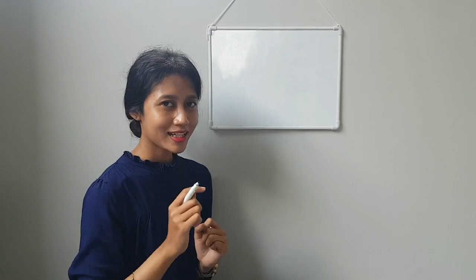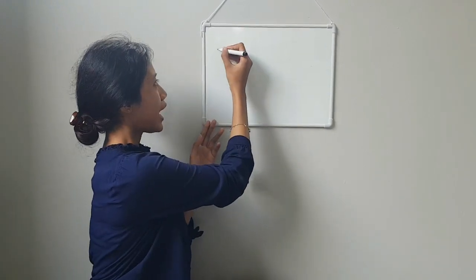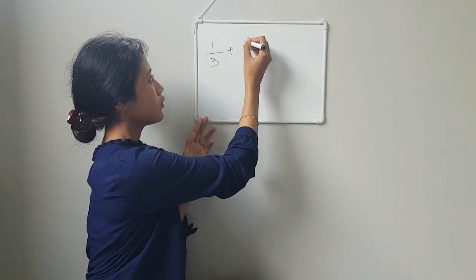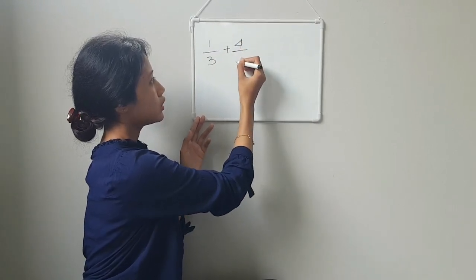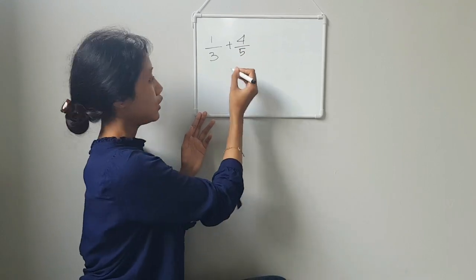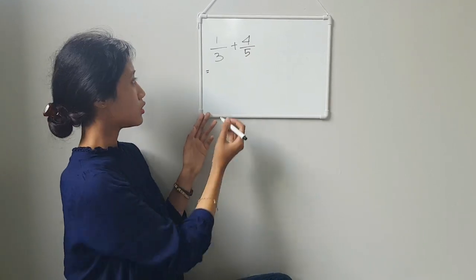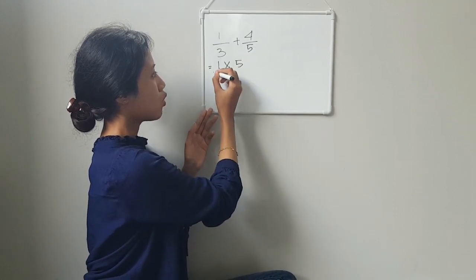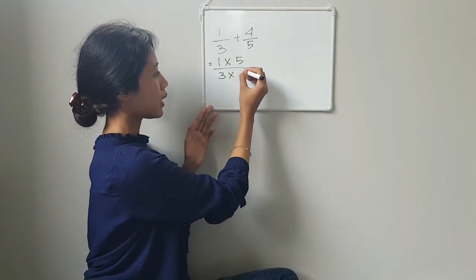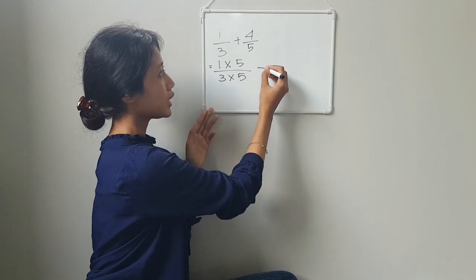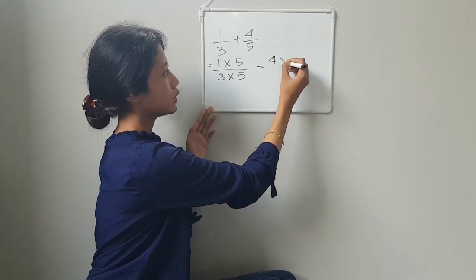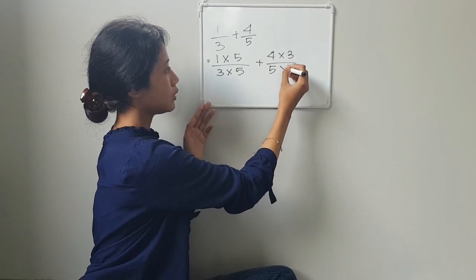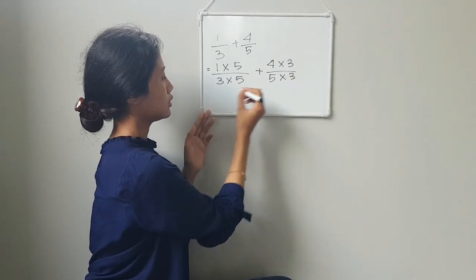And now let's try it. If I have 1 over 3 plus 4 over 5, you can answer by 1 multiplied by 5 over 3 multiplied by 5, plus 4 multiplied by 3 over 5 multiplied by 3.